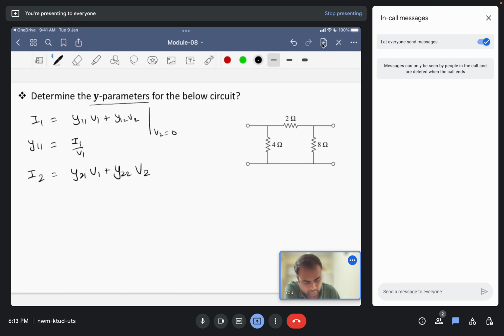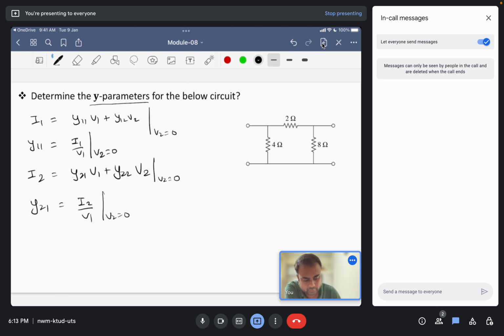And also from the second equation, if we put V2 equals to 0, we will get Y21 is equal to I2 by V1 at V2 equals to 0.